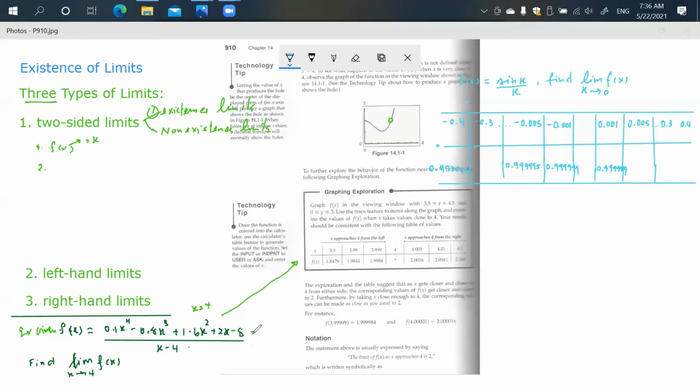For the numerator, you will get some number, and we can use a calculator for that. The denominator, when you replace x equal to 4, is gonna be 0.